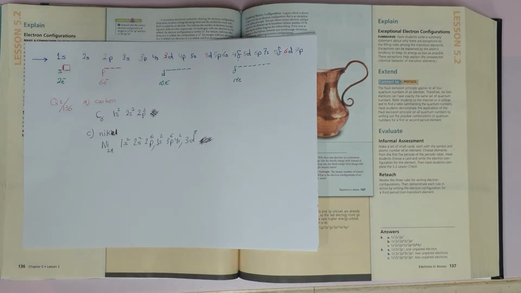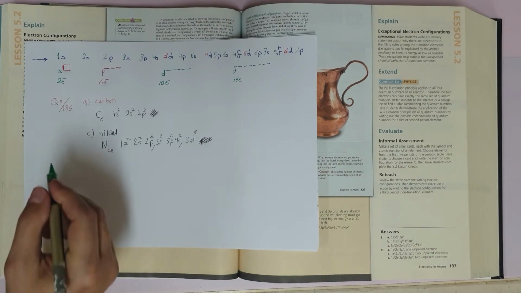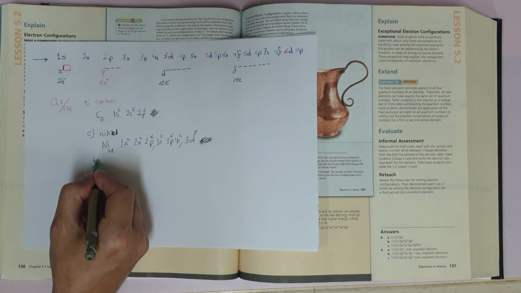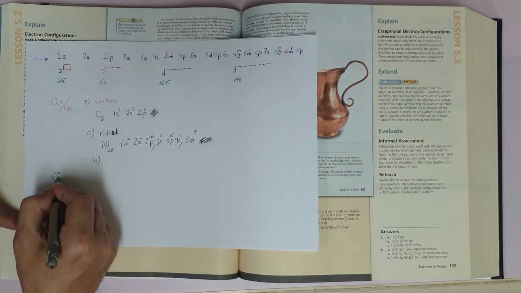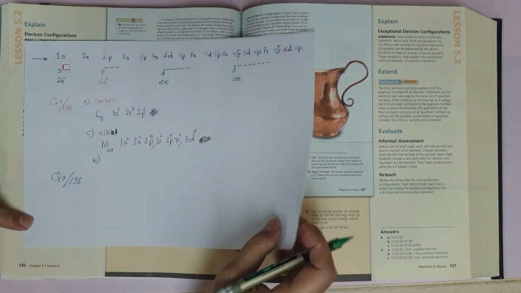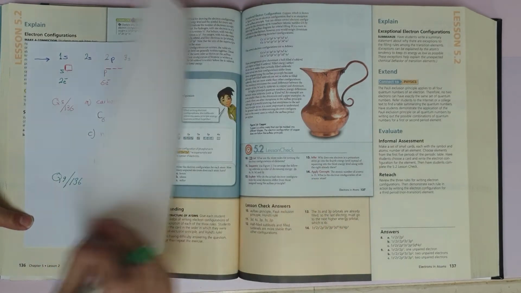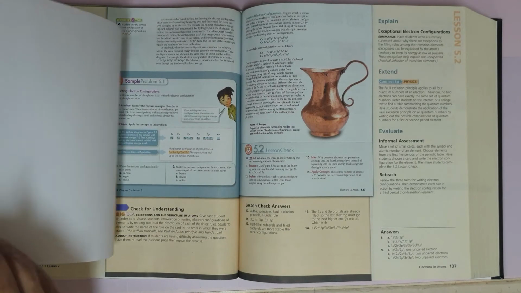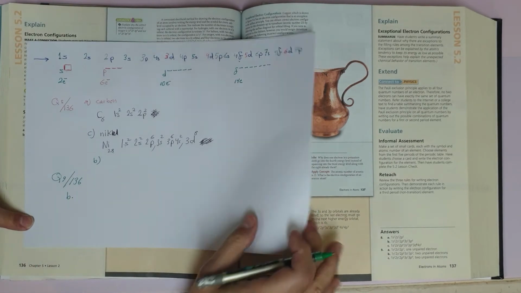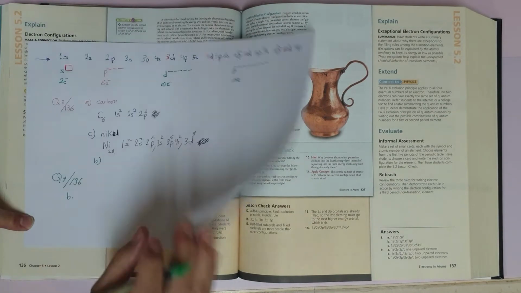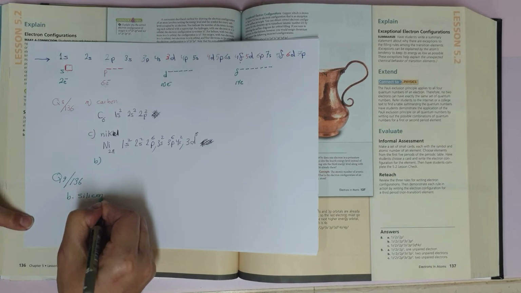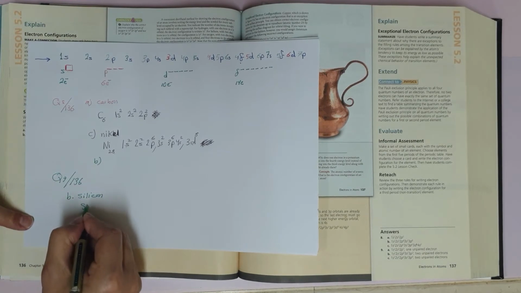Now let's try. I will leave B as homework for you. Now for question 9, page 136, I will try to solve or answer B. Silicon, Si.